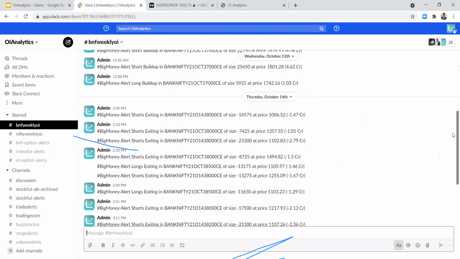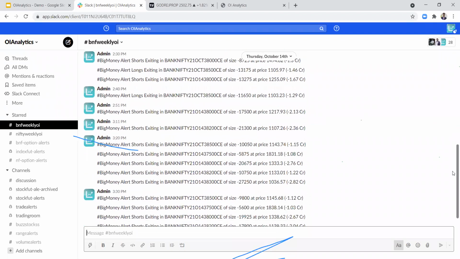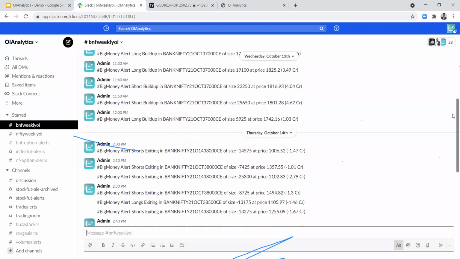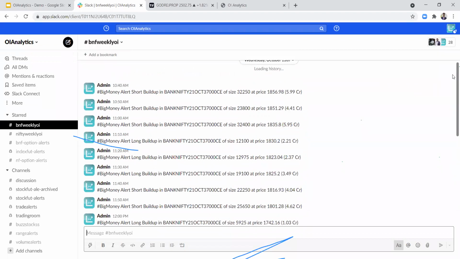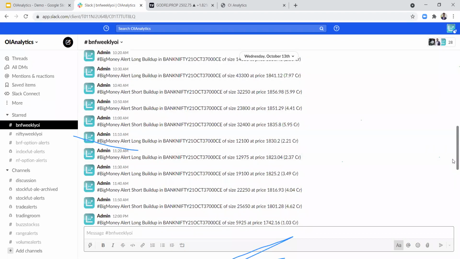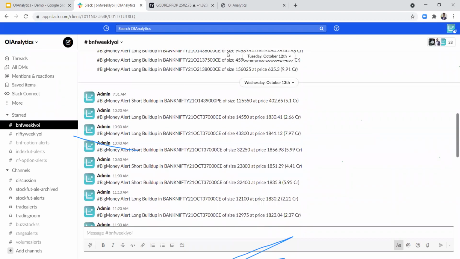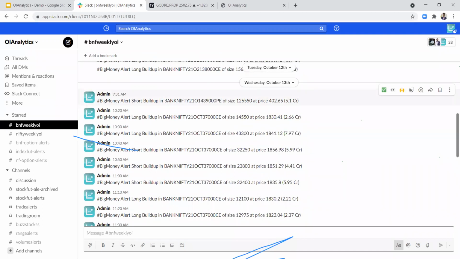So this is the last trade that triggered in this particular option selling setup. Short build-up in the October 14th expiry 39,000 put, right?